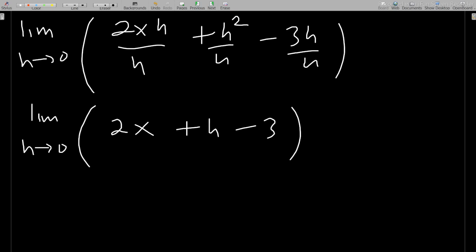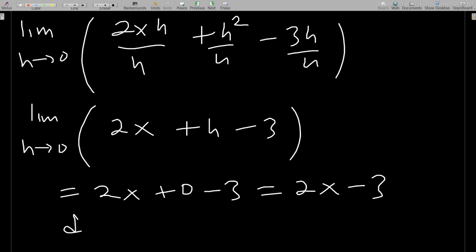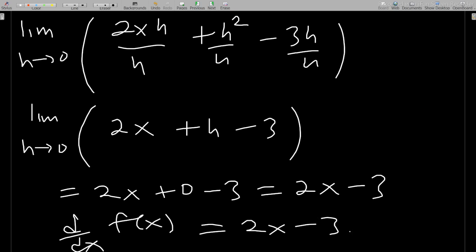So you put 0 in place of h, and this will give us 2x plus 0 minus 3, and this is equal to 2x minus 3. So it means that our d/dx of f of x is equal to 2x minus 3 from first principle, okay?